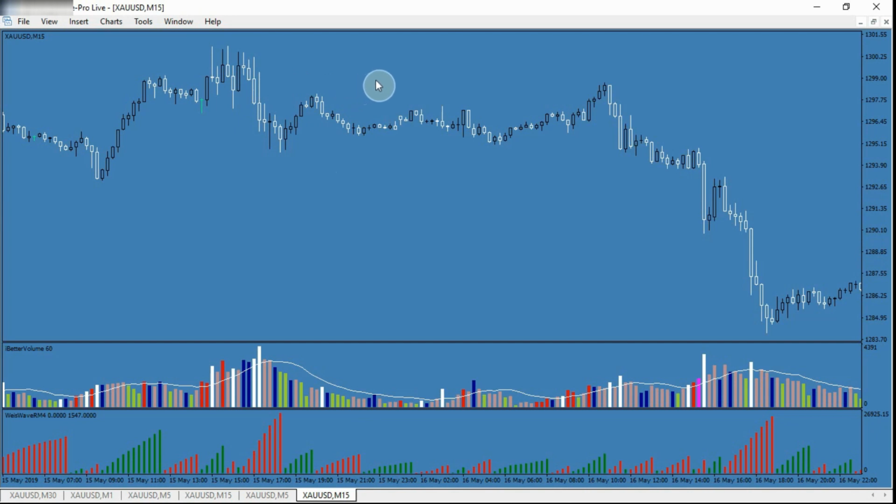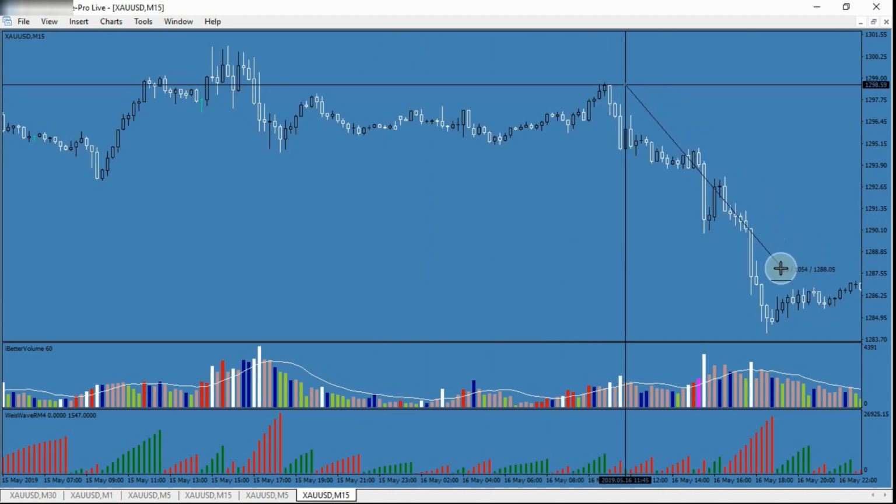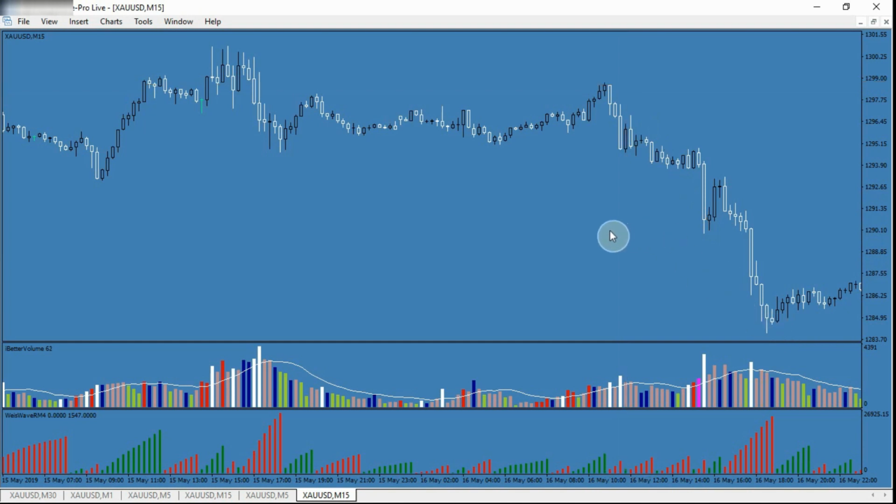When it gets near that again on the next day, what does it do? It flushes down. We're talking about almost $15, 14 and a half. 14 and a half. That's the power of order flow.